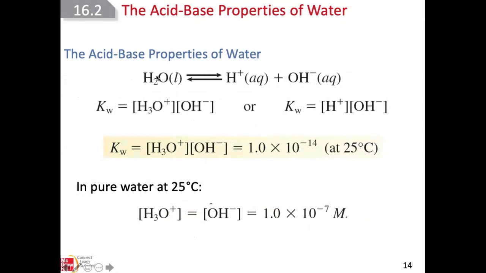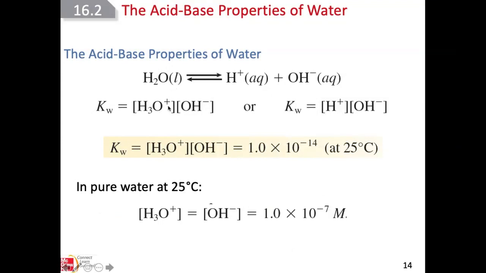So this is the reaction of the autoionization of water, and we can write down Kw, the water ionization constant. It's like an equilibrium constant. And we know for the equilibrium constant, we write the concentration of the products raised to the power of their coefficient over the concentration of the reactant.